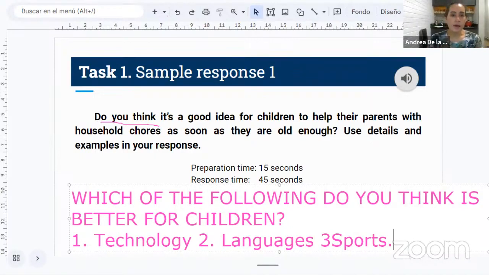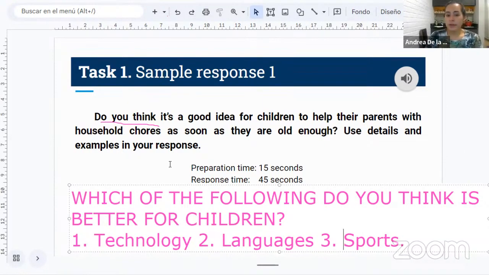But the only possible answers you could have are one, I think that it's better for children to learn to use technology, or two, I think that it's better for them to learn a language, or third, I think that it's better for them to practice sports. And I know that if we actually think about it, there's not a reason why children have to choose, right?